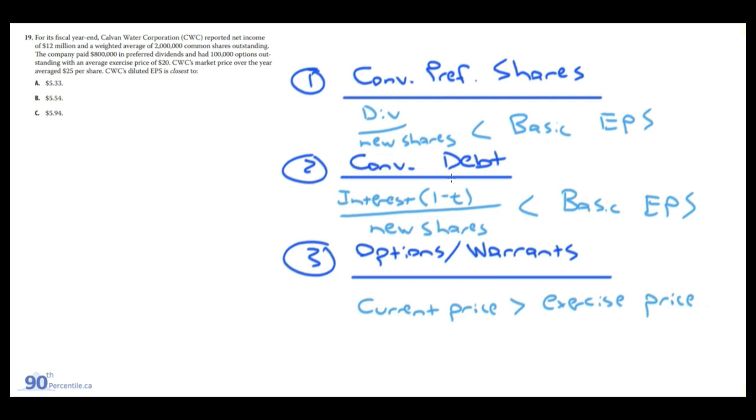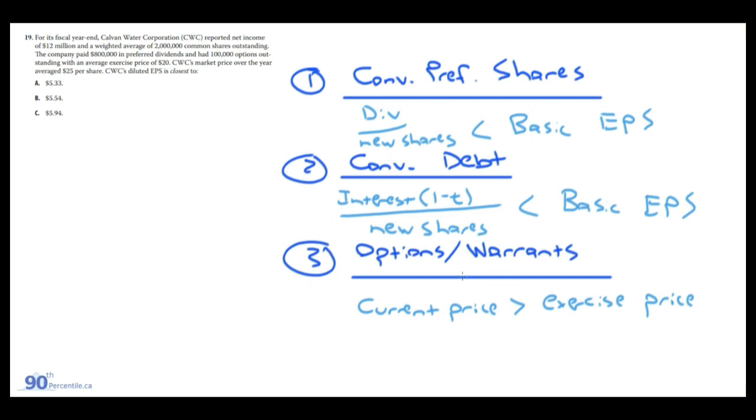Similarly, convertible debt is dilutive if the interest paid on the debt times 1 minus the tax rate, because there's tax savings associated with interest since the interest flows through the income statement, divided by the new shares outstanding in the event of conversion is less than basic EPS.